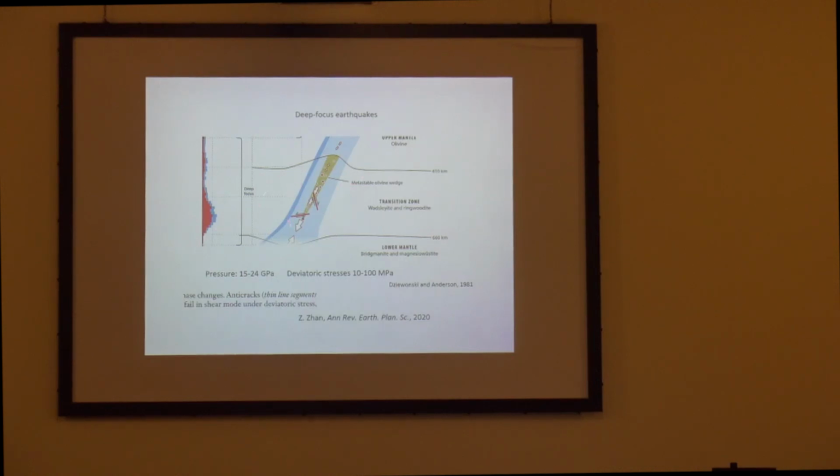Now, the deviatoric stresses at these depths are very low and cannot explain how energy so large can be radiated from these earthquakes. On the other hand, the pressures are very high at this depth, between 15 and 24 gigapascals.